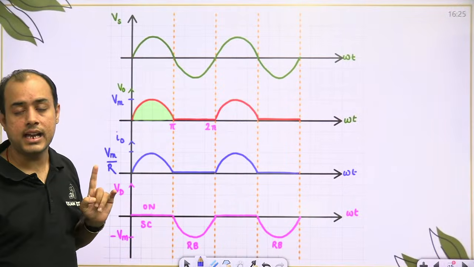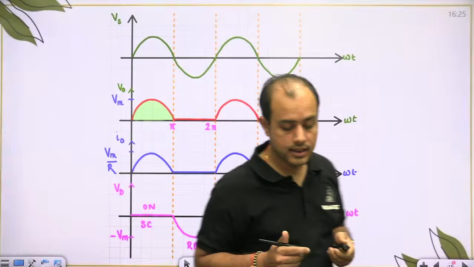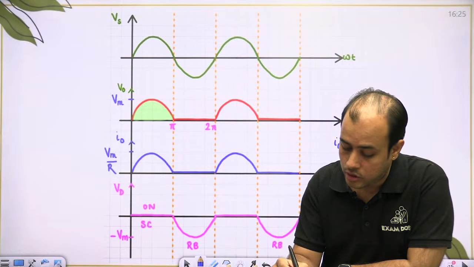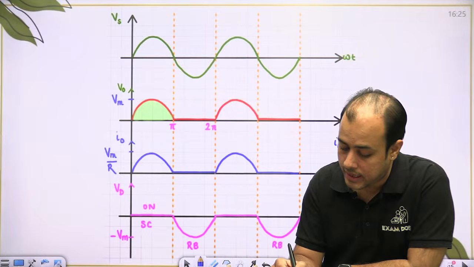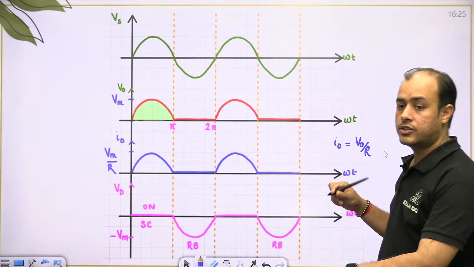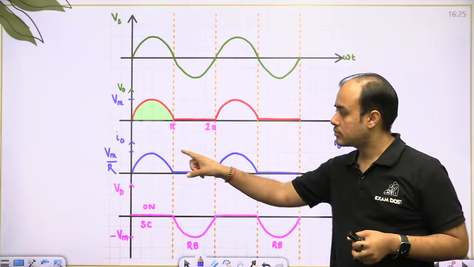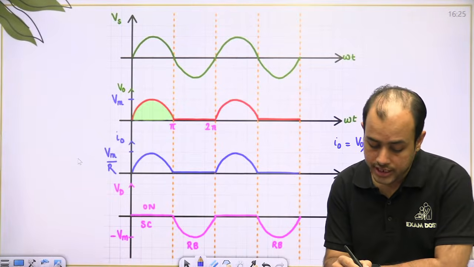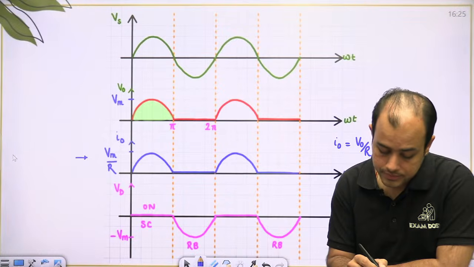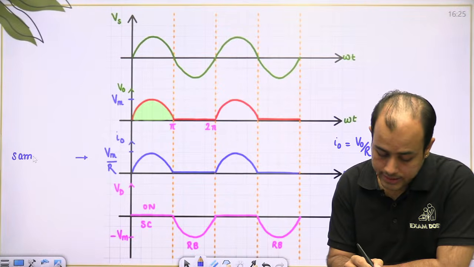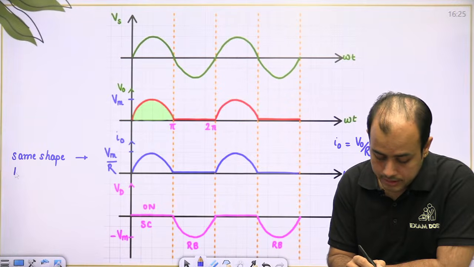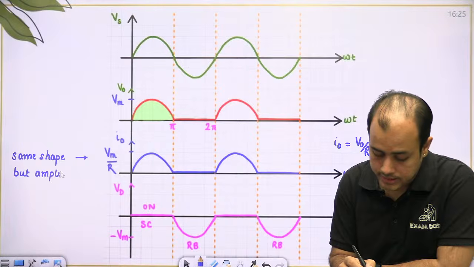Now current in a R load, ठीक है, current in a R load बेटा, it is simply I naught equal to V naught by R. If I naught is V naught by R, so the shape remains the same, but height changes. Same shape, but height meaning amplitude changes.